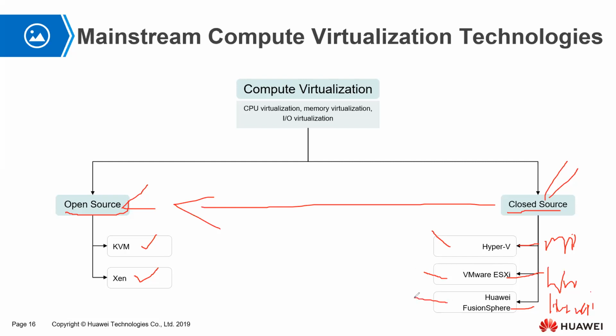And sometimes it depends on how you have installed it. When you are installing FusionCompute, you could install it on top of KVM in Linux, which makes it type 2.